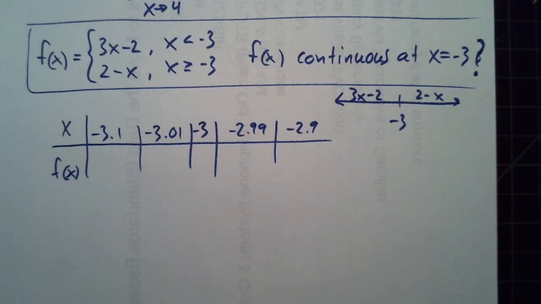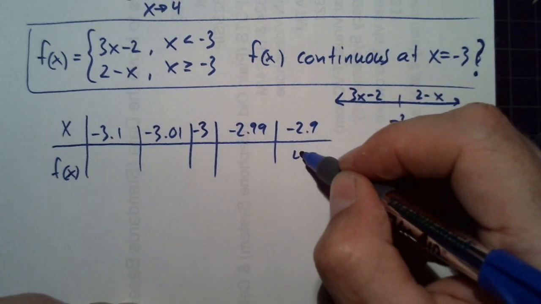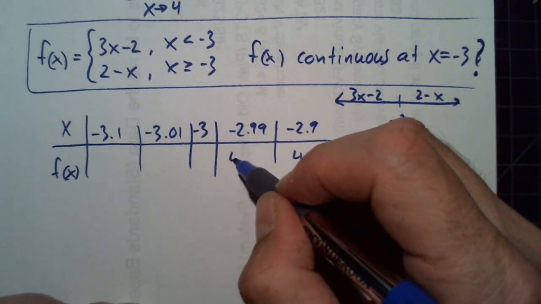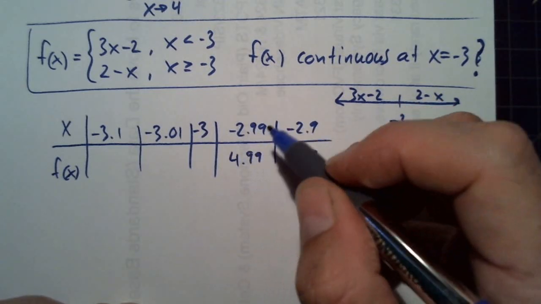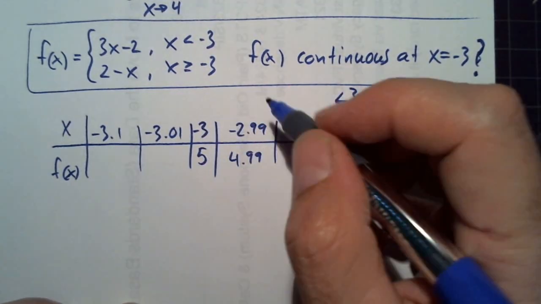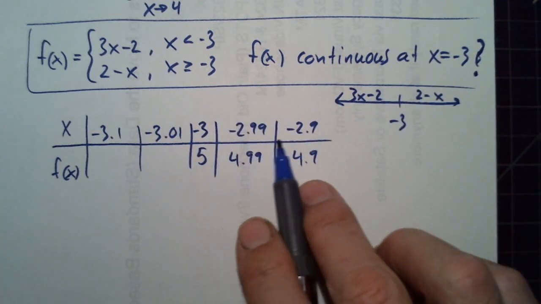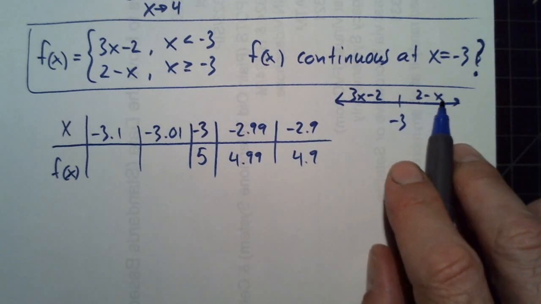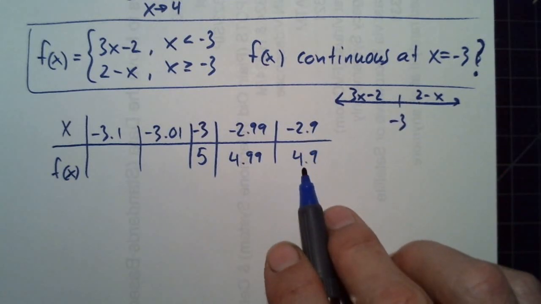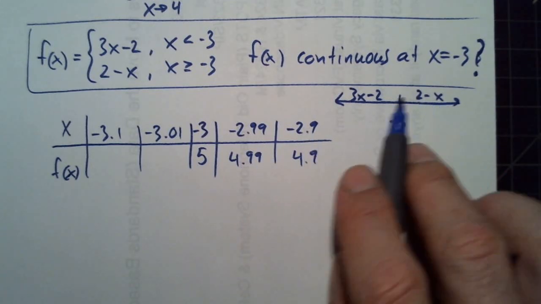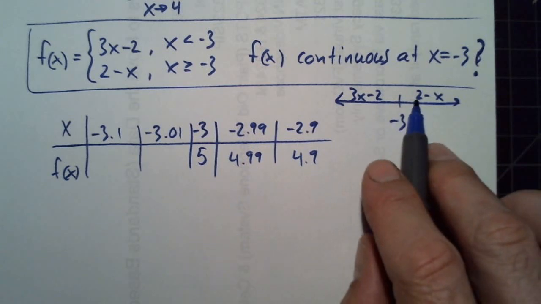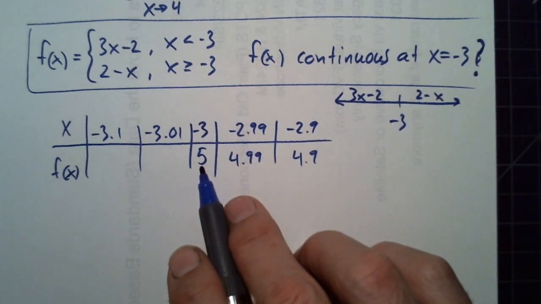Then we just need to find all the y values and see what they're getting close to. So in the calculator we would get these. Also remember that these numbers go into this. 2 minus negative 2.9 gives us that. 2 minus this is that. 2 minus negative 3 is 5.